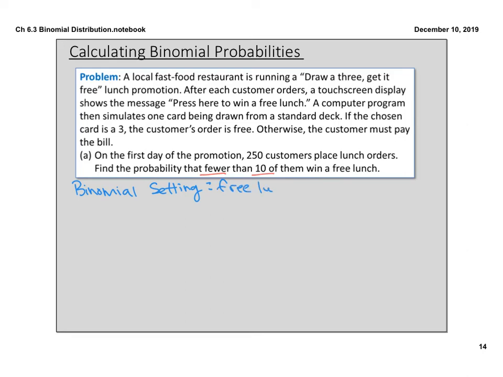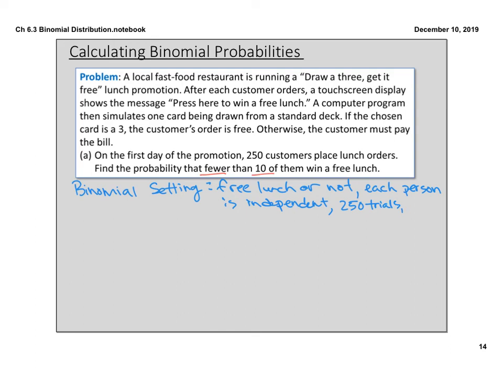I know that the I, they're independent. Each person is independent. They independently draw and they don't cross over and they don't remove any numbers from the system. It's not like they're taking a 3 out and then that 3 is gone. You know what I mean? So each person is independent. Good, check. N, fixed number, 250 trials.